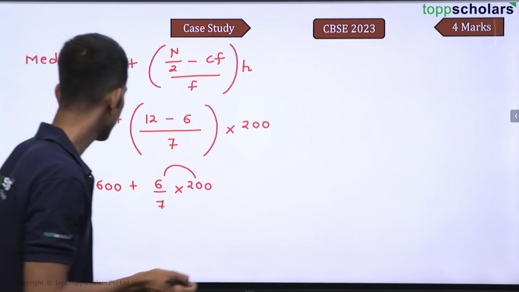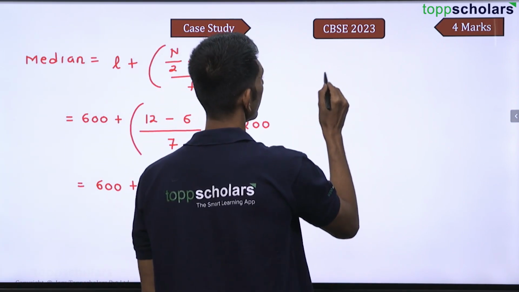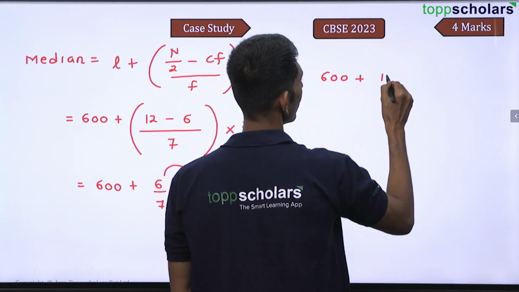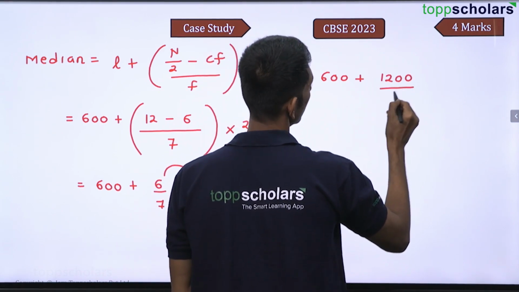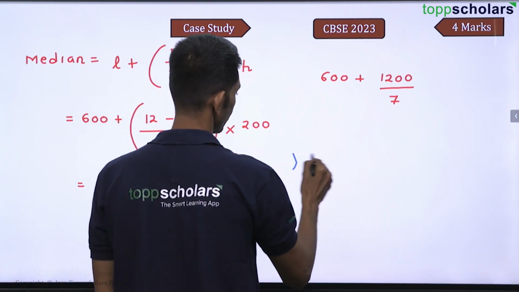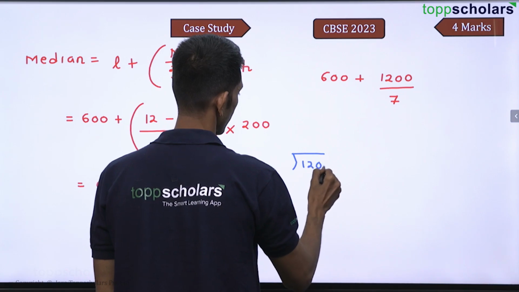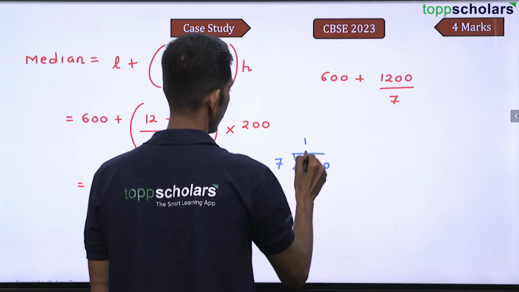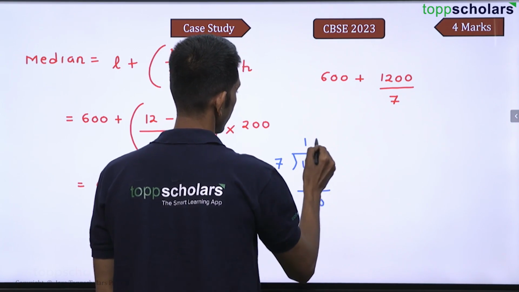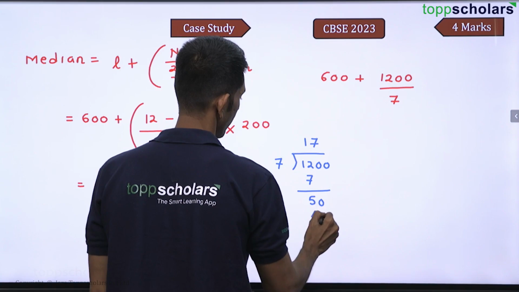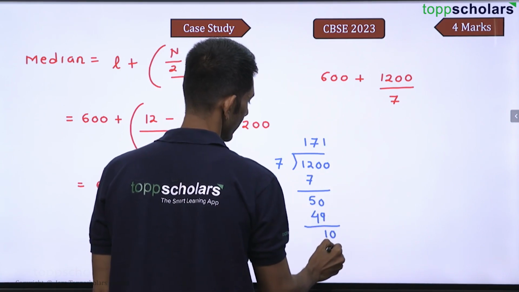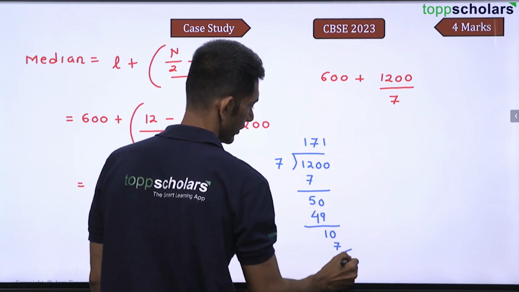So 200 into 6 is how much? 600 plus 1200 divided by 7. So 1200 divided by 7. You get 7 ones are 7. You have 5 0. 7 sevens are 49. Then you have 1 0. 7 ones are 7, you have 3.